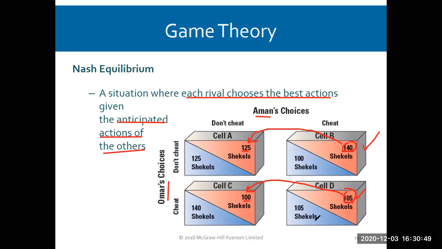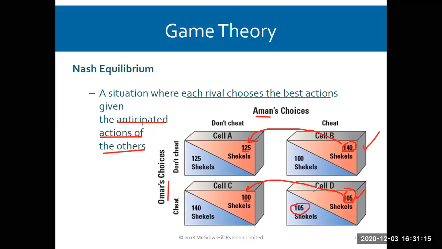So that's the Nash equilibrium, and it highlights mutual interdependence. And in this case, it shows that collusion, if it's successful collusion, is the best solution for both of them. But if they consider the action of their rivals and there's a strong tendency to cheat in these arrangements, then it will work out that they both end up cheating and they both end up making the 105.